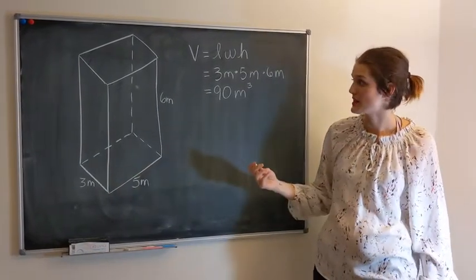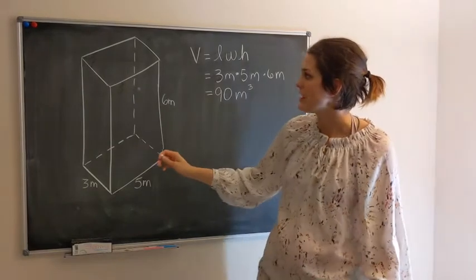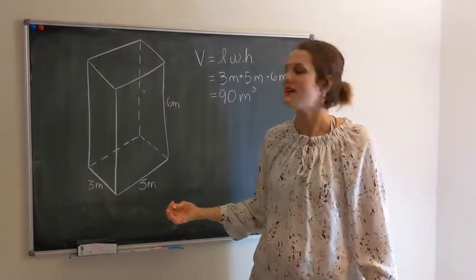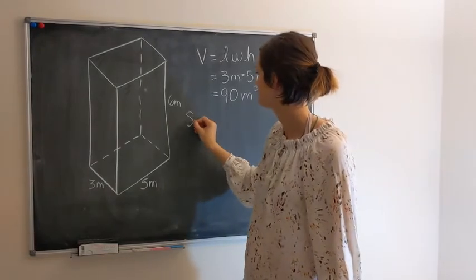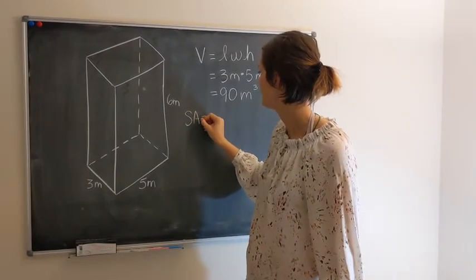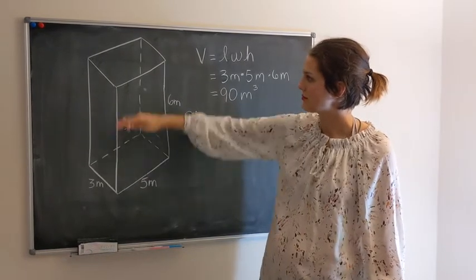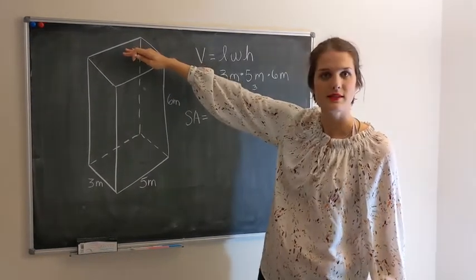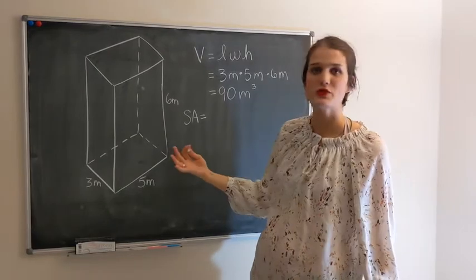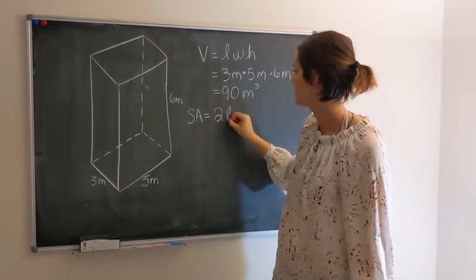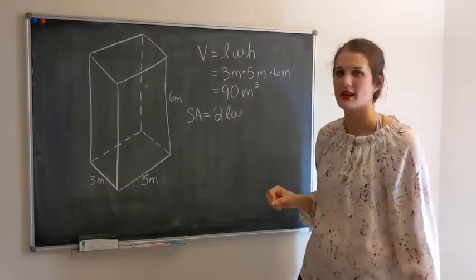Now for surface area, we need to find the area of all 6 faces of this rectangular prism and add them together. So if we consider the bottom and top faces as it's oriented right now, those are the same size. So we're going to have 2 faces whose areas are length times width.